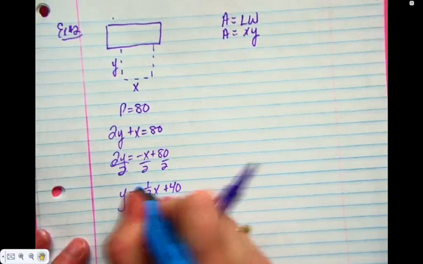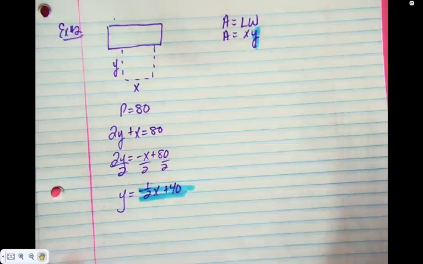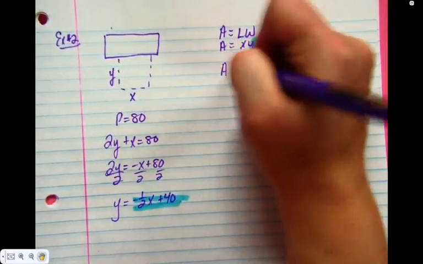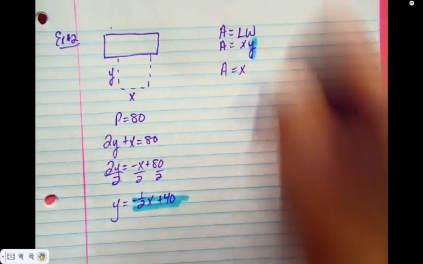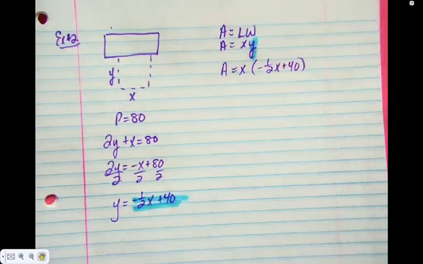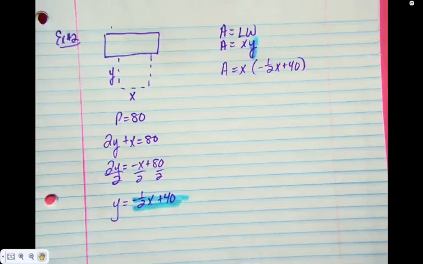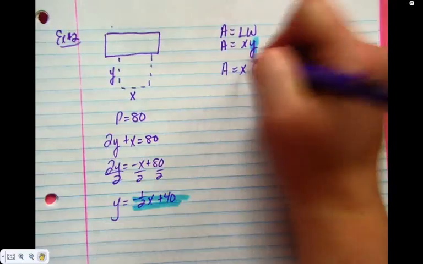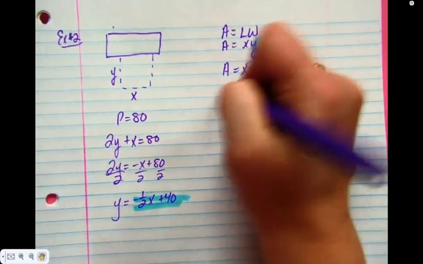Okay, this negative a half x plus 40 is going to come in. Y is going to come out. So I'm leaving the x that was already there. And then in brackets, I'm putting negative a half x plus 40. What did we do next in the last example? Distributed, collected like terms, simplified it up.